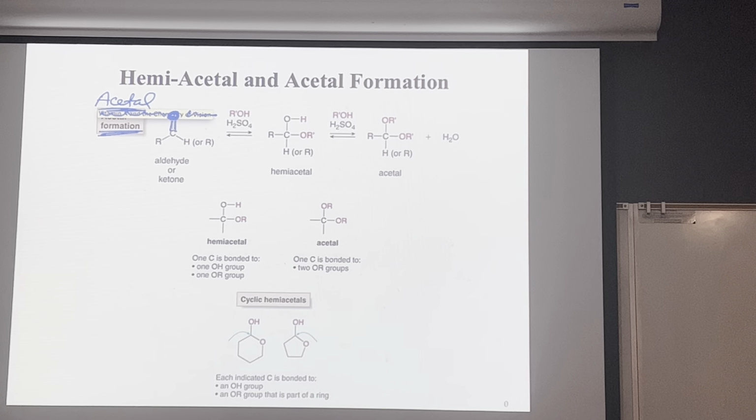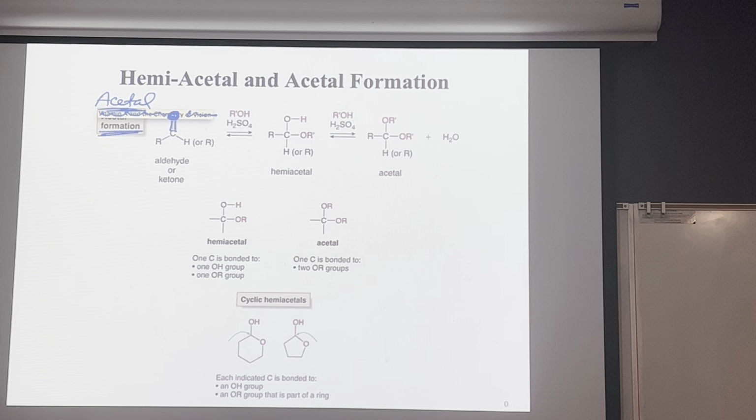It's telling you an alcohol, doesn't matter if it's methanol, ethanol, propanol, whatever. And you've got H2SO4 up there, which is an acid catalyst. So sometimes you'll see H2SO4, sometimes you'll see H+, sometimes you'll see H3O+. We just have to kind of just know that that's an acid catalyst, helps us along.